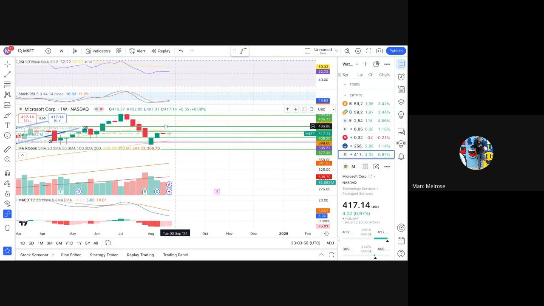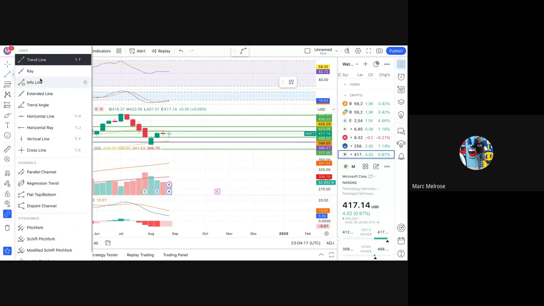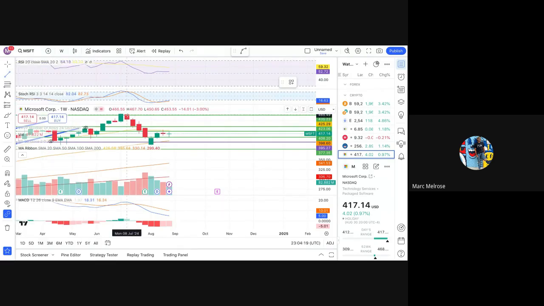Just looking at it, it looks like it's trying to find this bottom. This could be coming down to maybe about this 439 area, and then from there we may see the rejection that we need. It looks like from the weekly chart, this could be a potential double bottom pattern that's being formed. It could also be a bearish flag, so that's why you want to be a little bit careful.